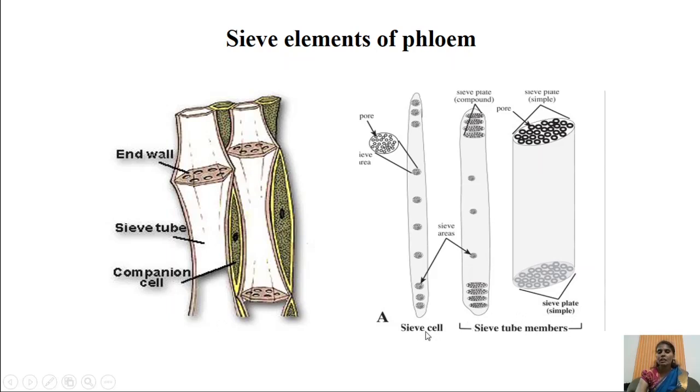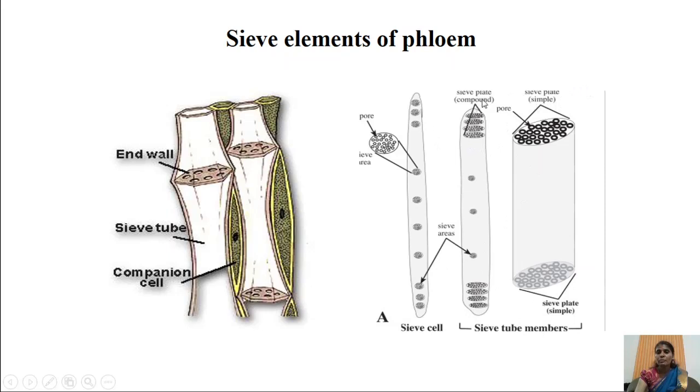Here we can observe the sieve cell, which is a characteristic feature of gymnosperms, where they lack the plate-like structure. Only sieve areas are present, whereas in the case of sieve tube members, there is a plate-like structure with perforations. They are referred to as sieve plate.